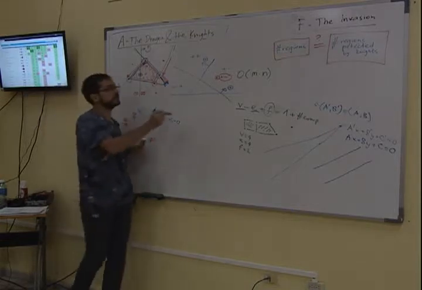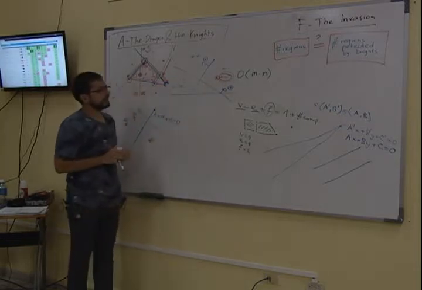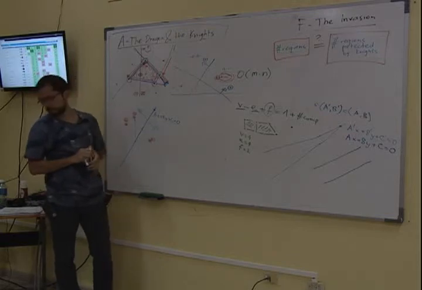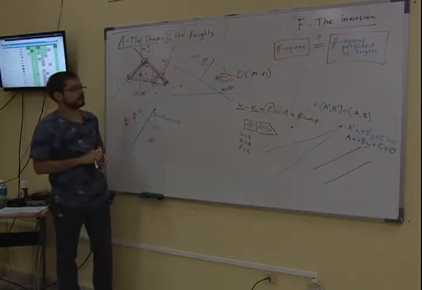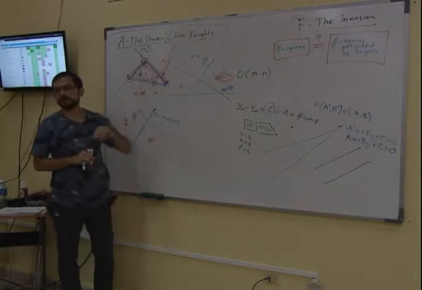And then we need to compare these elements, but these will be just binary strings, so you can put them in 2 longs or something like that, and we can compare in constant time. So overall, this part is m times n.